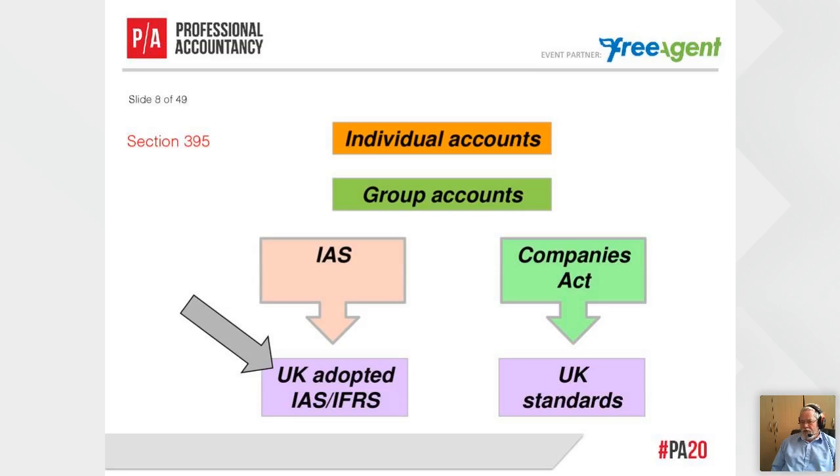Now, they can use various formats, but those broadly break down into two categories: those prepared under the Companies Act by way of UK standards, and those prepared under international standards, which, as it stands at the moment, is EU adopted IAS and IFRS.